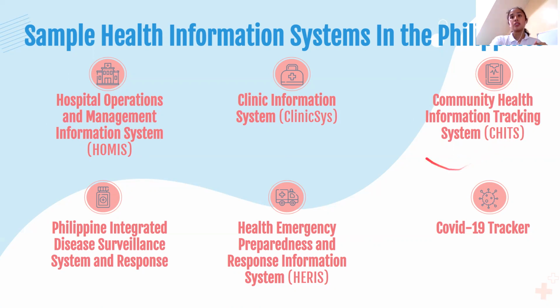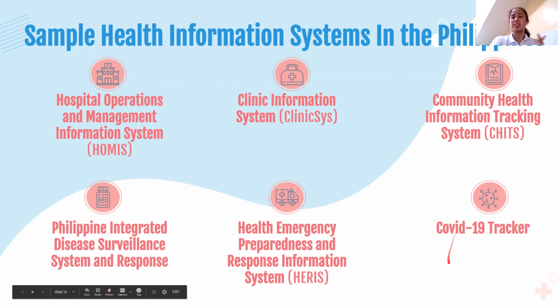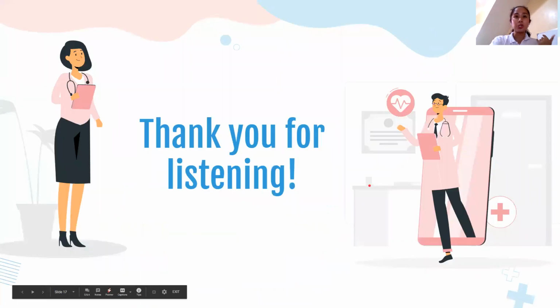SHEETS is usually used as a population-based information system. These are used in your LGUs, in your rural health units. We have the COVID-19 tracker. I hope you will visit the site of your COVID-19 tracker. Class, explore what is inside it. This will be all in your quiz.